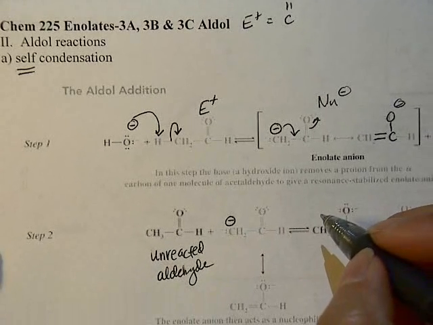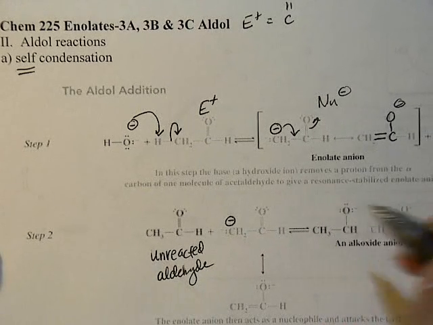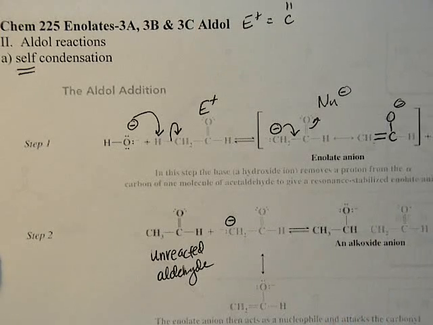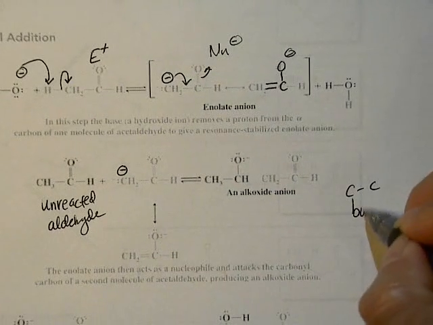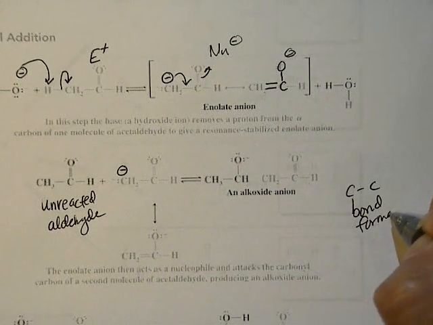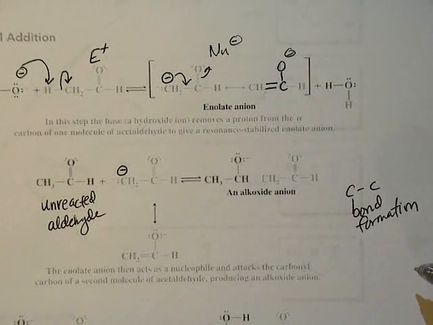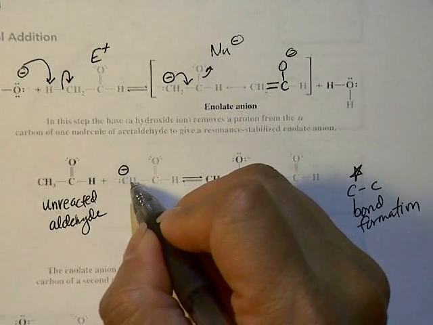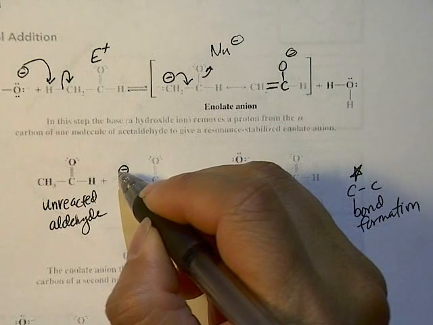All right, so what's going to happen is it's going to make a carbon-carbon bond formation. And this is why the aldol reaction and the reactions that we're about to go over are very important, because it's making a carbon-carbon bond. So the enolate carbon is going to be the nucleophile.